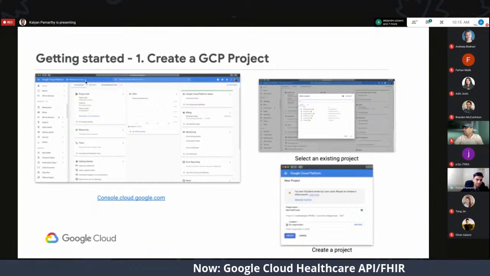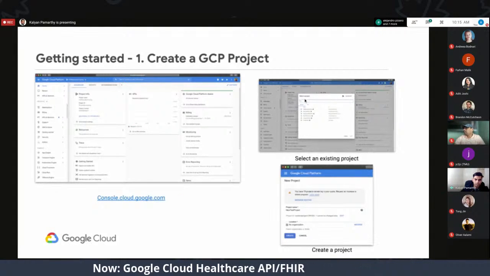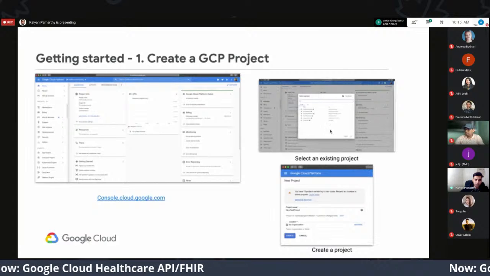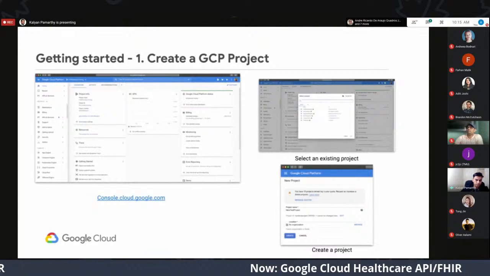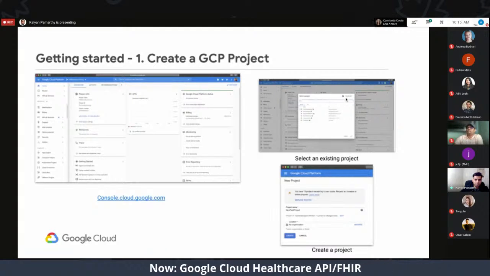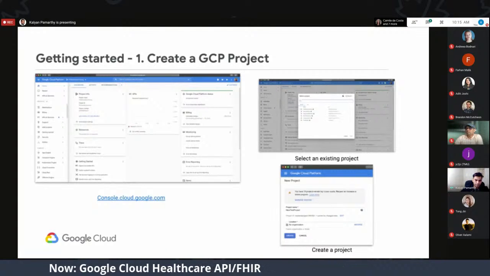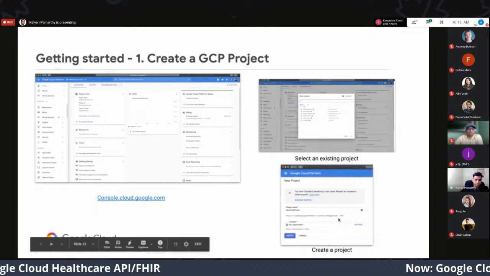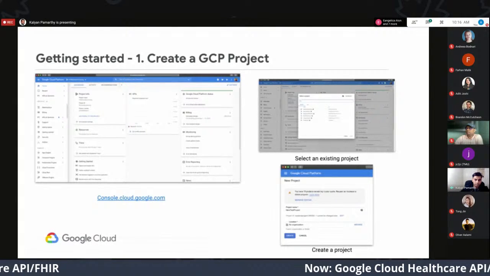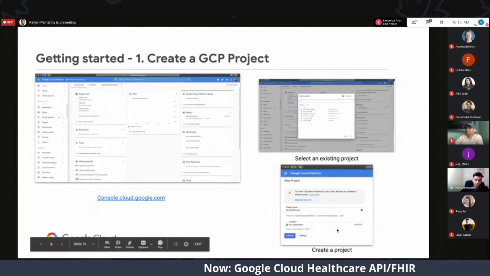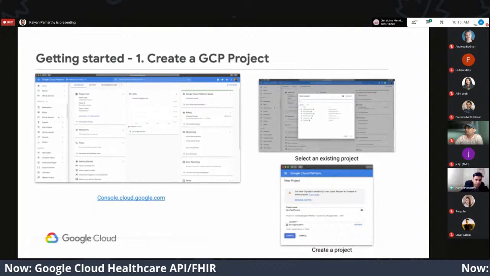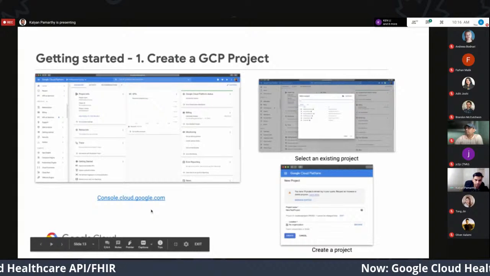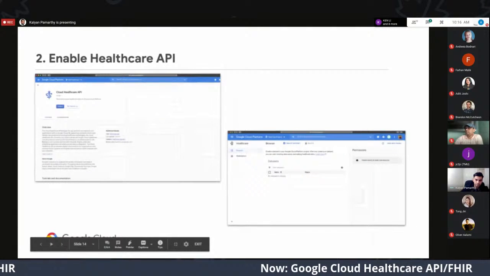So I have a project selected there, but if you click on it, you will get a drop-down list. If you've already been working with Google Cloud projects, you get a list of your projects. But otherwise, you have the option of creating a new project right here. And all you need for creating a project is a project name. If you're part of a larger organization, you can do some more setup. But for now, you can leave it as no organization. Go ahead and create a project.